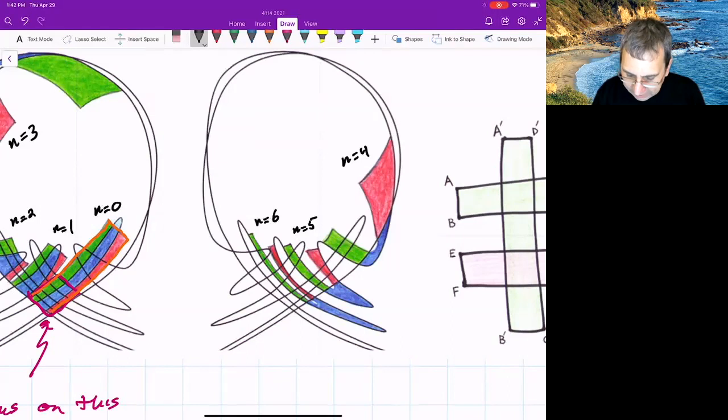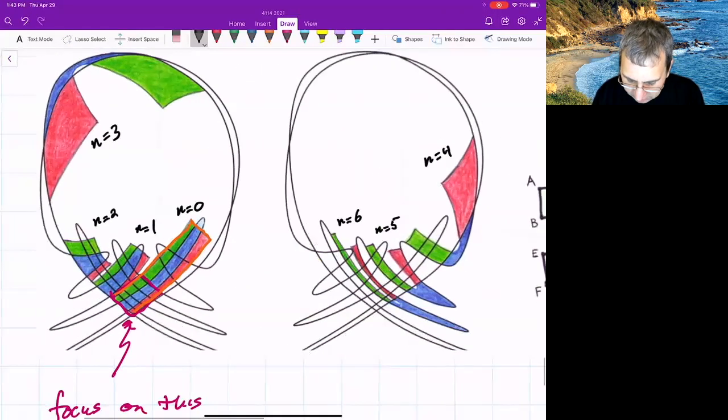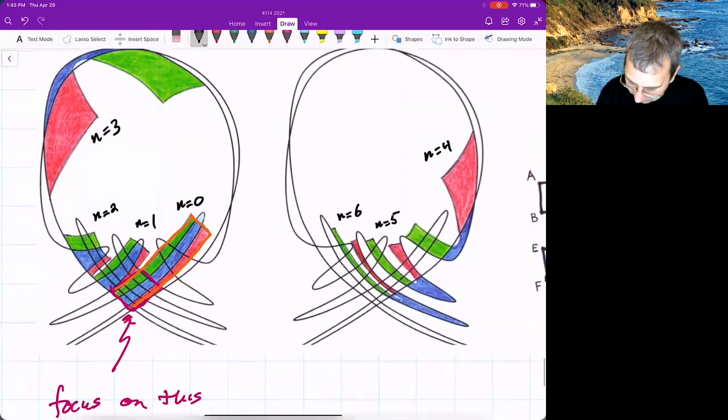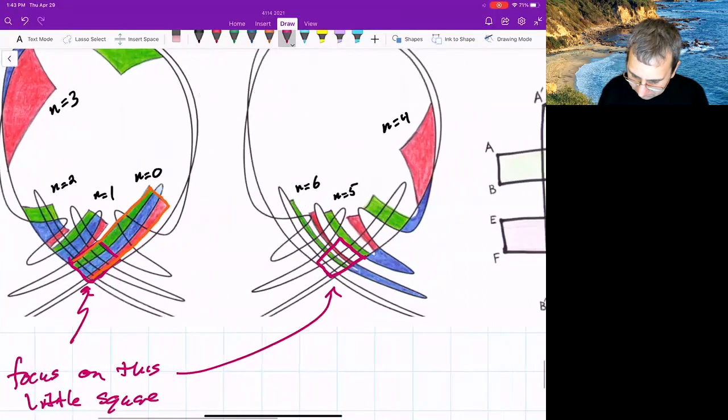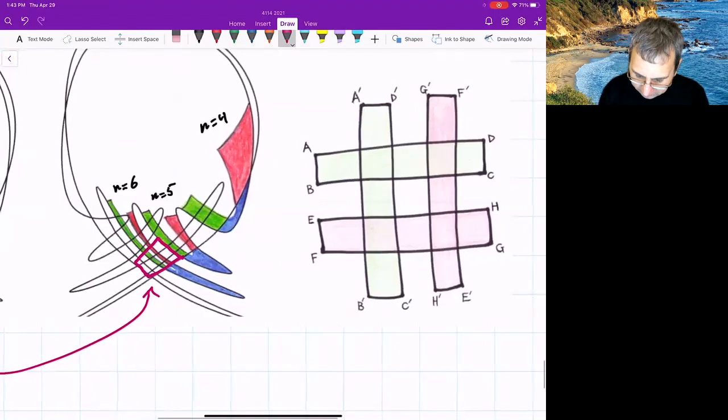So what happened? If we stare at this, the blue part got kicked out. The red and the green stayed, but have reoriented. If we focus on what's happening in just that little square, this is what happened.